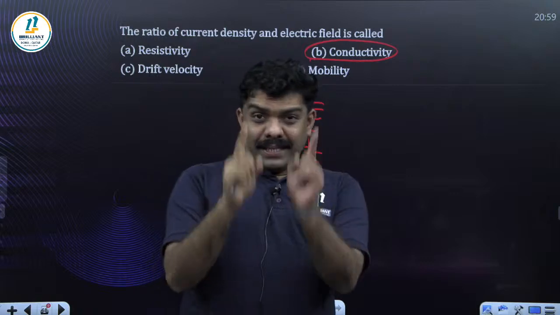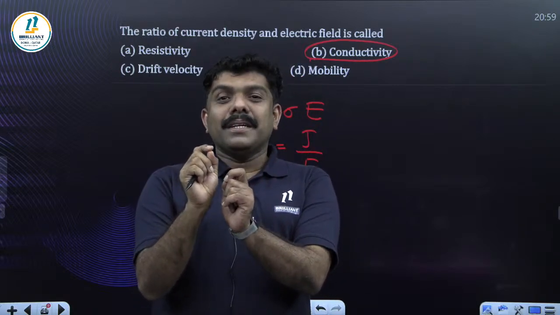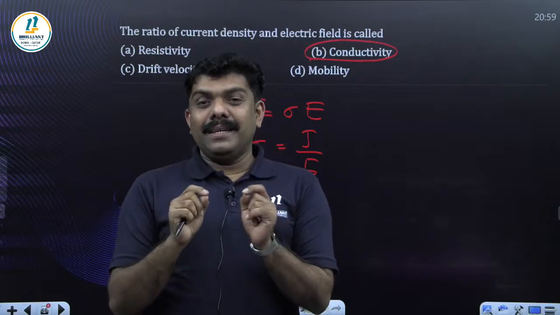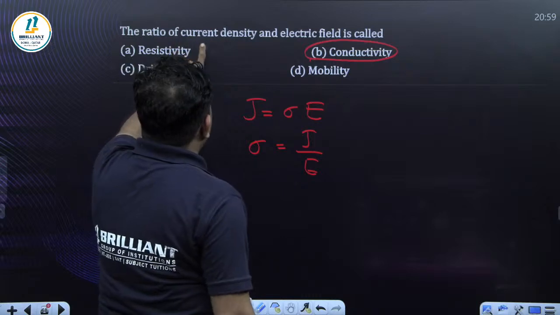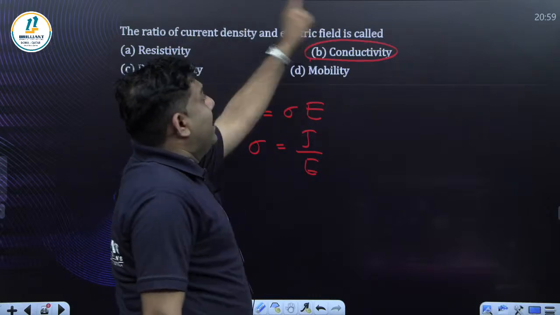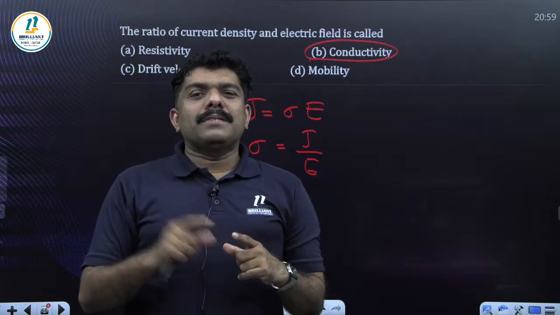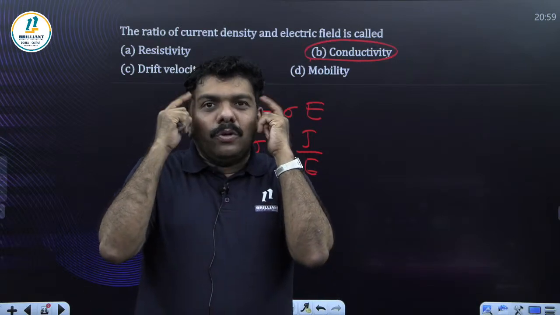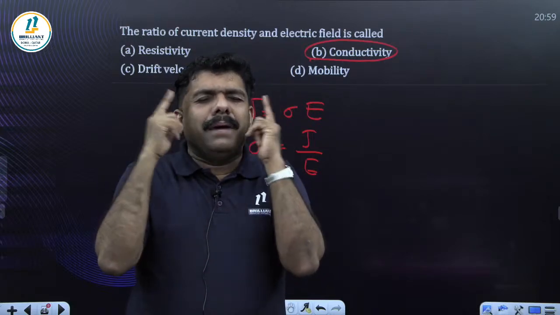Even one of my best students made an error in the examination, because the question is just reversed: the ratio of electric field to current density. Just thinking in the mind, the formula J equal to sigma E, so sigma is the answer.